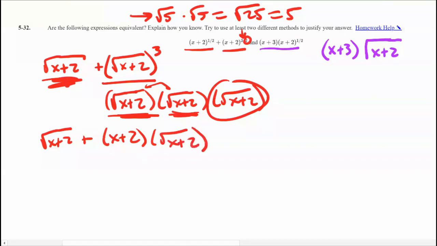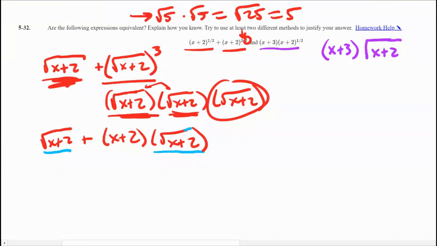times the square root of x plus 2. Now here is another reason that I feel like this one is tricky. I now have these two things that I'm adding together. And just like when I have x plus 2x, I have a common variable here, and then when I add them, I add these coefficients to get 3x, because this is technically 1 plus 2 is 3. That's the idea that I'm going to use to add these two things together. So on the left side, like in that last situation, the x is my like variable.